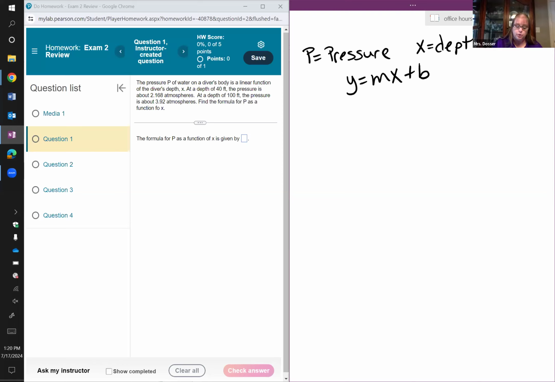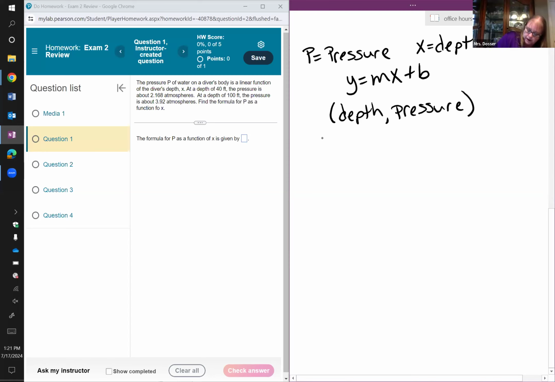And we notice we do have enough information to create 2 points. When we create these points, we're going to have them as ordered pairs where the depth comes first and then the pressure comes second, because our ordered pairs are always X followed by Y, input variable followed by output variable. In this case, the X is the depth, our input variable, and our output variable is the pressure, the P. The first set of information says at a depth of 40 feet, the pressure is about 2.168 atmospheres.